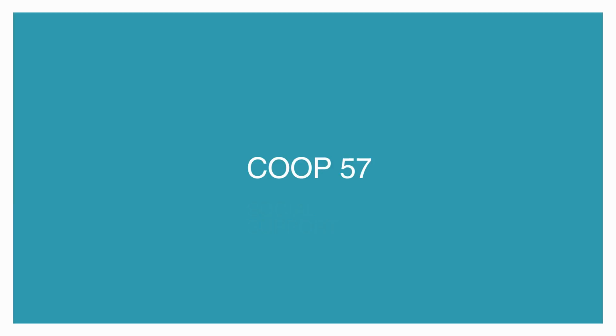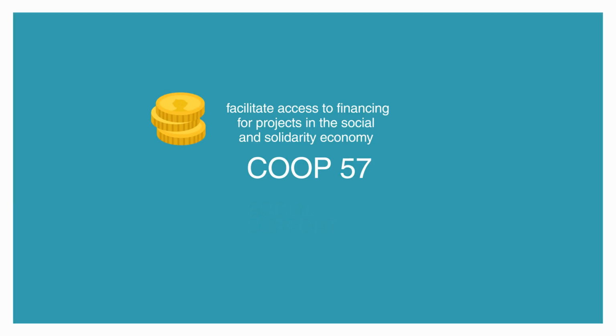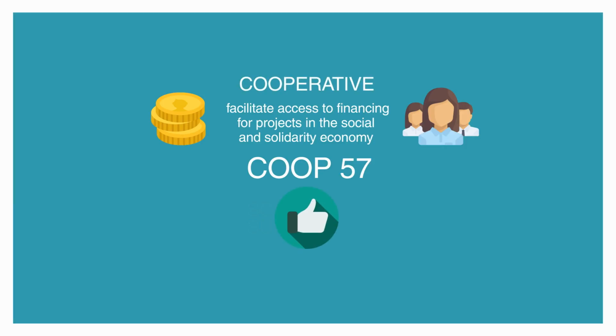COP57 is a service cooperative whose mission is to facilitate access to financing for projects in the social and solidarity economy. The main source of economic value is savings. All individuals and organizations that deposit their savings in COP57 are members of the cooperative and, therefore, have voice and vote in the decision-making.